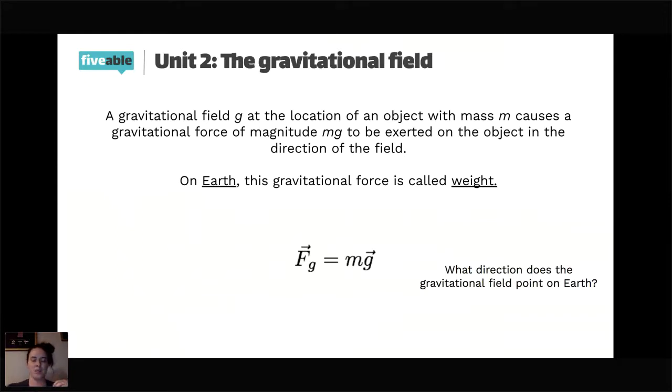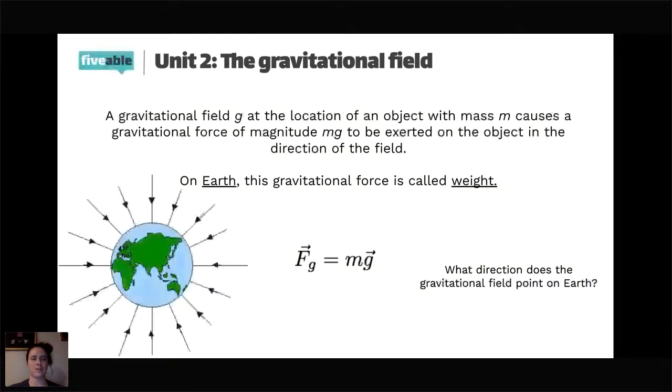If we're zoomed in really close to the surface, like I'm standing on the ground and I drop an apple, you're right, it points down. But if we zoom out and look at the Earth, it points towards the center. So all of you are technically correct. It depends if you're looking at the surface or the planet as a whole. Again, this comes into the context of the problem.